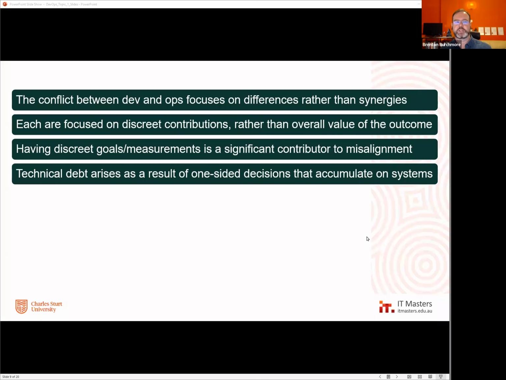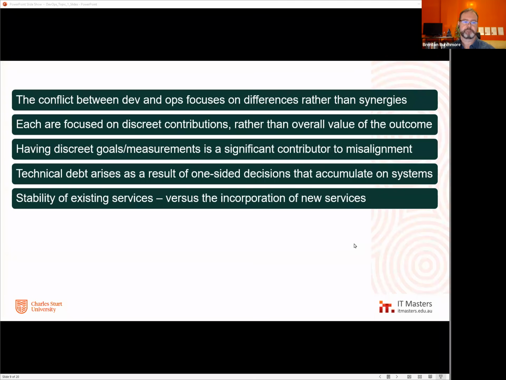This accumulation of complexity, building upon and building upon, leads to a growth in one-sided decision-making. And again, I'm using the example here of dev and ops. Technical debt promotes the need for ops to make more ops-focused decisions to meet ops-related goals, and devs to make dev-related decisions to meet dev-related goals.